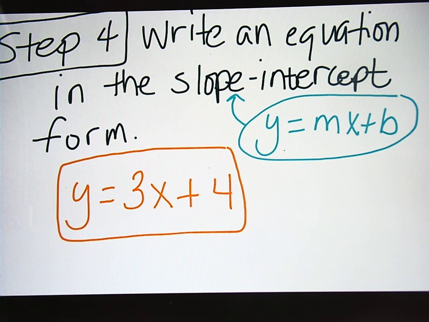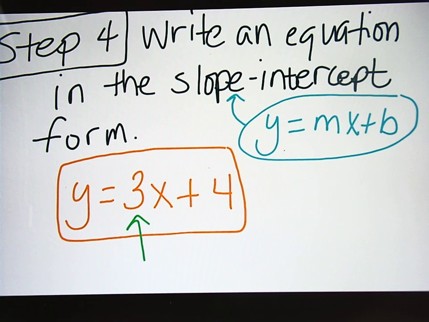Step 4, write an equation in slope-intercept form. So you're going to rewrite the original equation as long as it's in slope-intercept form. Then you're going to substitute the values that you just found. We were able to identify that the slope of the given equation was 3, so we plugged that in.